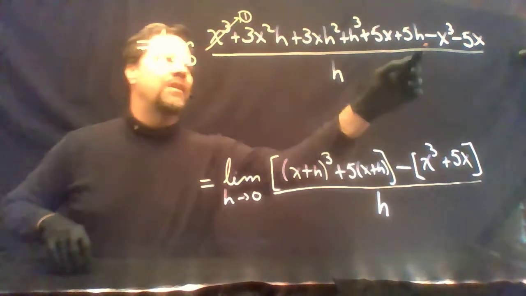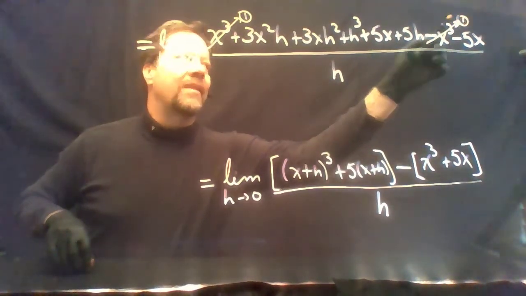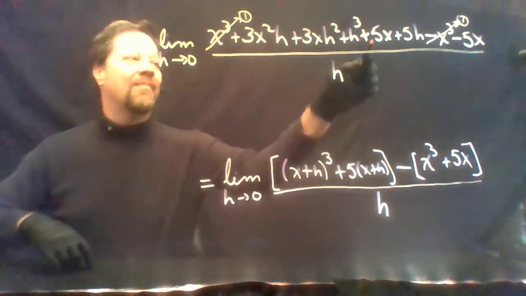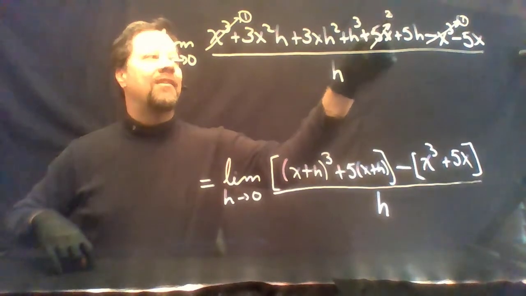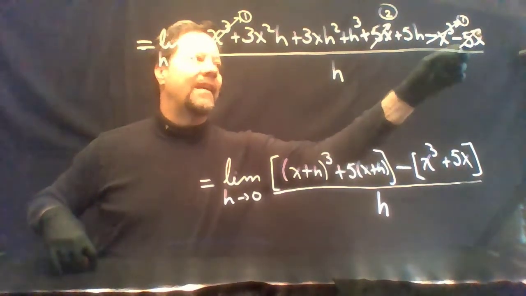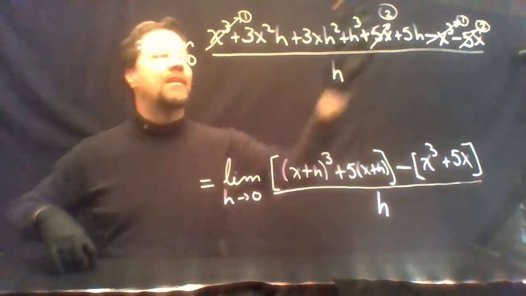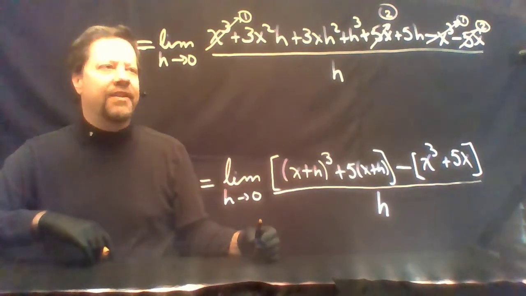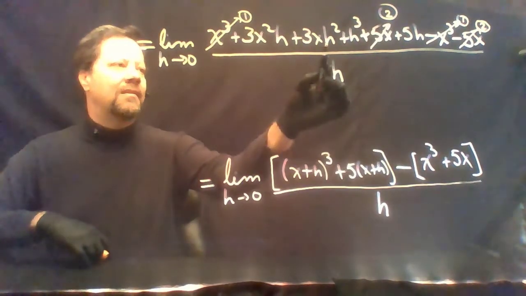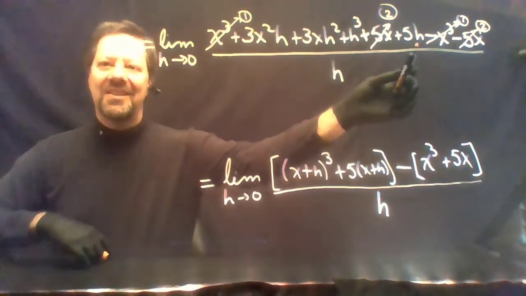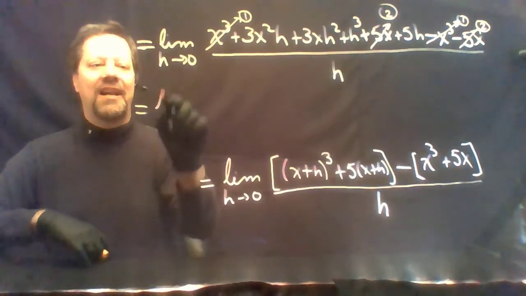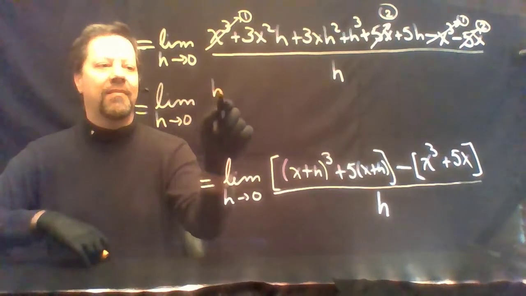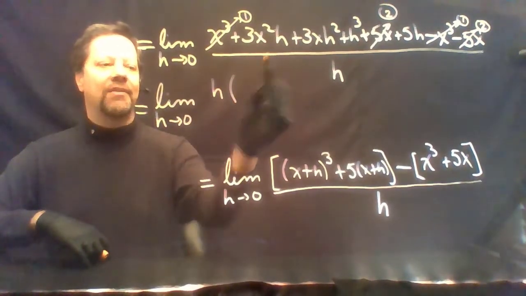So, what cancels? Clearly, x cubed cancels with x cubed, and I'm labeling those as the first thing that canceled. 5x cancels with 5x. Now, is there a common factor on every term that remains? It looks like there's a common factor of h on every single term that is left over. We'll factor that h out.